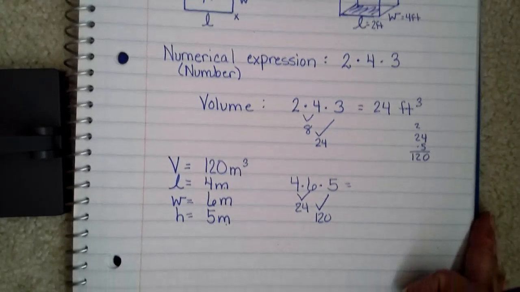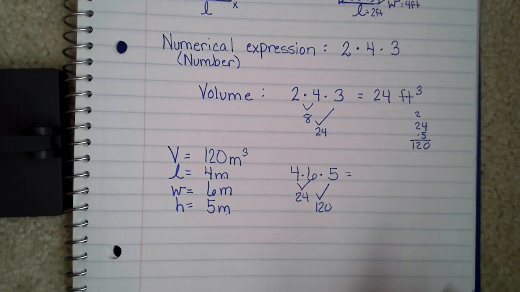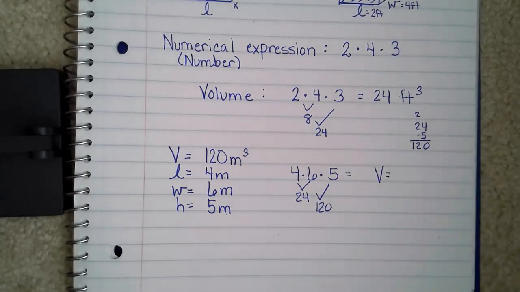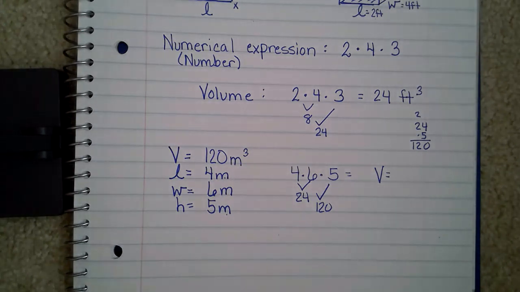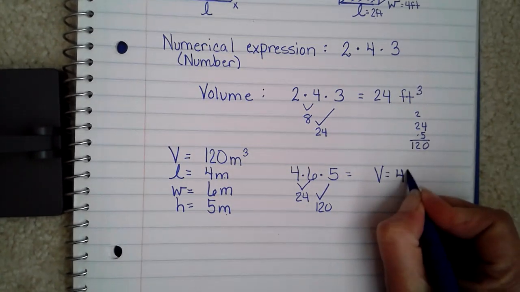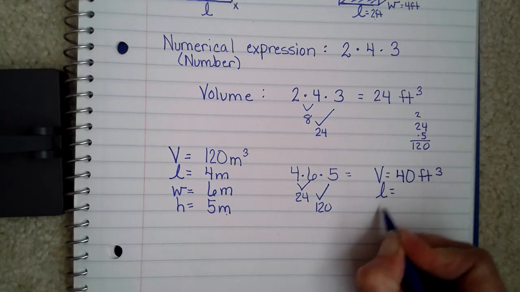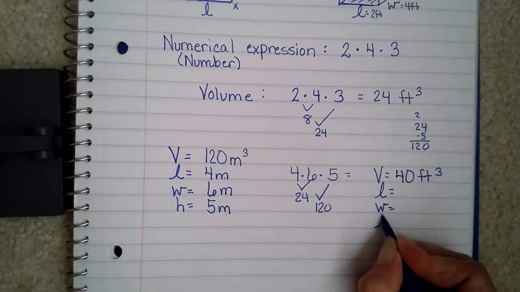Now, what if they tell us that the volume is, let's see, let me think for a minute. Okay, let's say that they say the volume is 40 feet cubed. The length, the width, and the height.